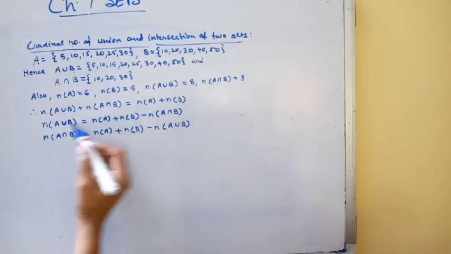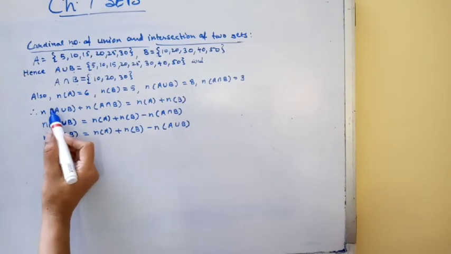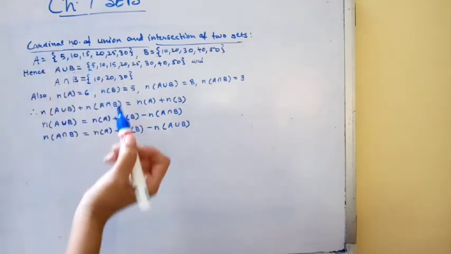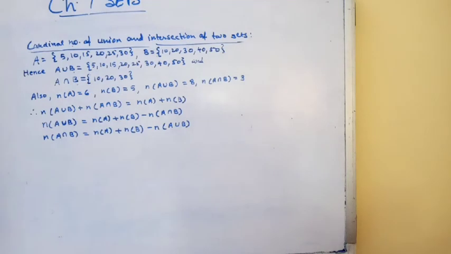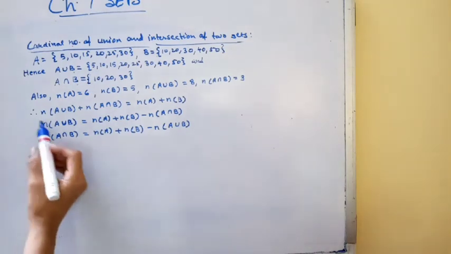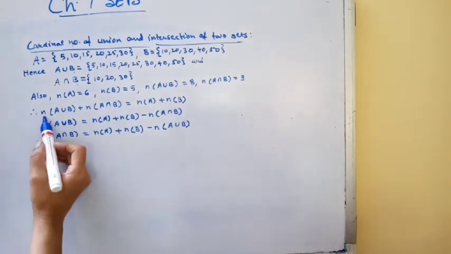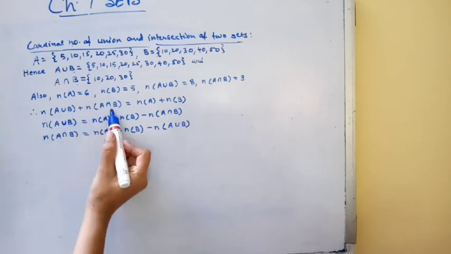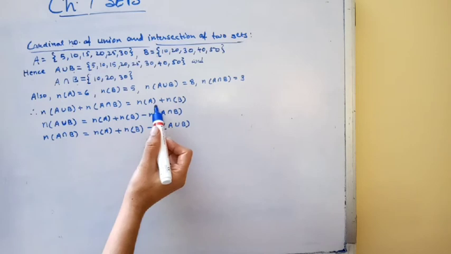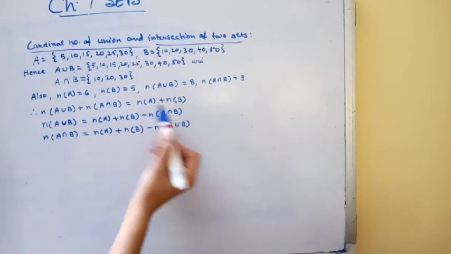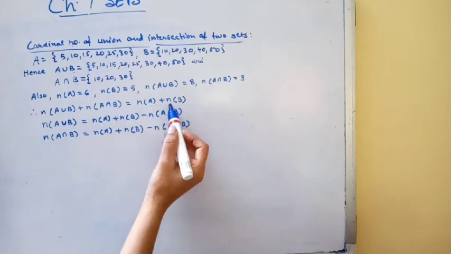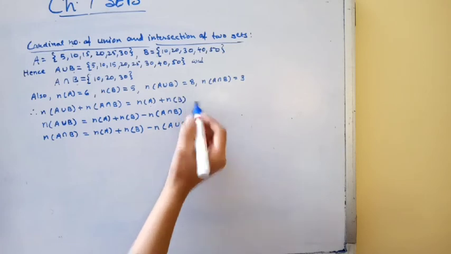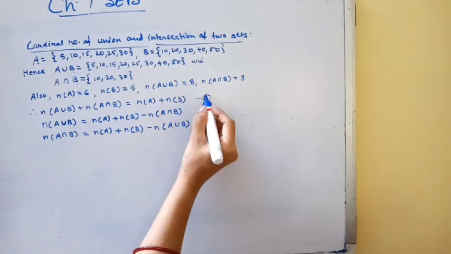Then we get three rules of cardinal number of union and intersection of sets. First, the sum of the cardinal numbers of union and intersection of sets equals the sum of the cardinal number of set A and the cardinal number of set B. This is the first rule.